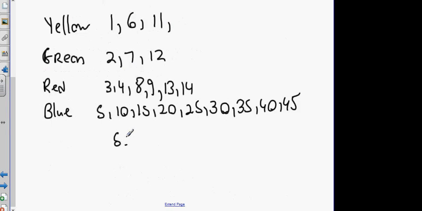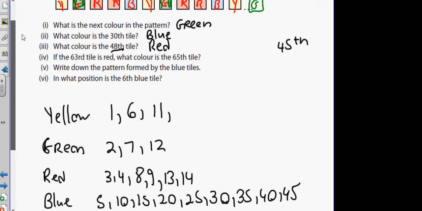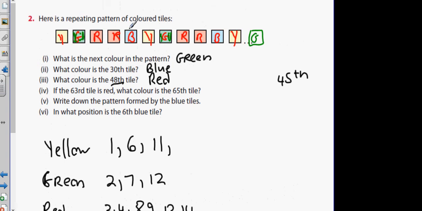So it's 50, 55, 60, yeah? So blue is number 60. Let's call this 60, 61, 62. 63 refers to the first red tile. 64 is the second red tile, which means a blue one will be the 65th tile. So it's blue.